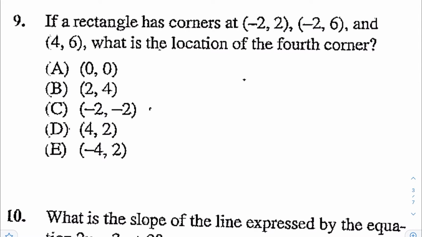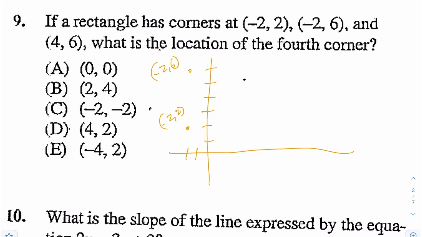All right, next for question number 9, if a rectangle has corners at -2, 2, -2, 6, and 4, 6, what is the location of the fourth corner? Really helps to draw a grid. So you have negative 2 comma 2, which is in quadrant 2, negative 2 comma 6, and then 4 comma 6.